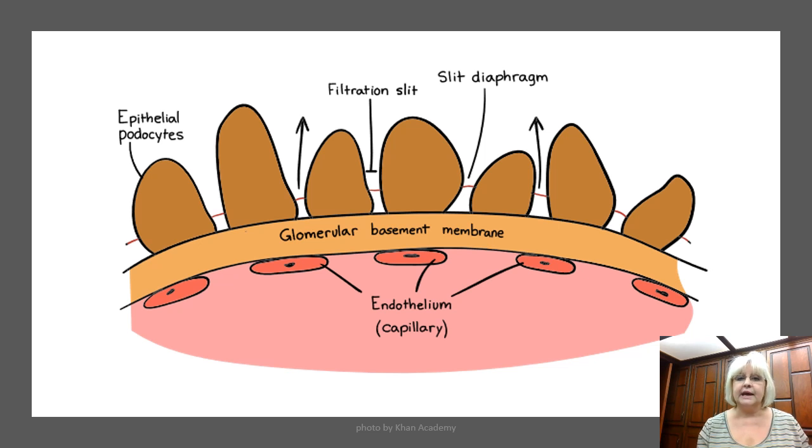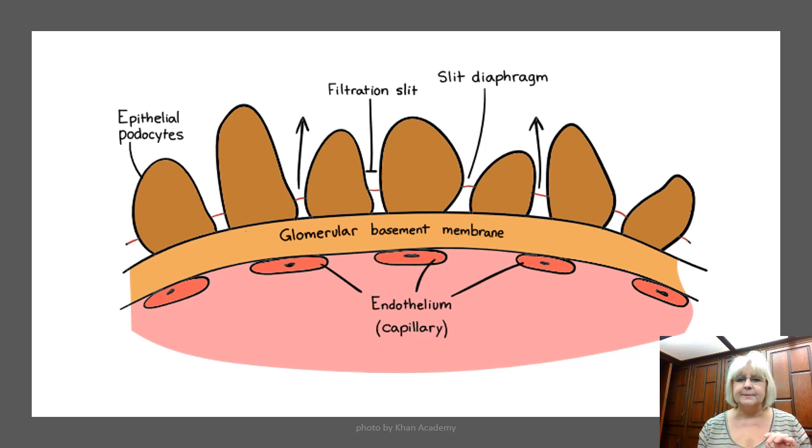When you look at the glomerular space, on the top you will see the filtration slits, above the slit diaphragm, located between the brown epithelial podocytes. These are over the glomerular basement membrane and then the endothelial cells.